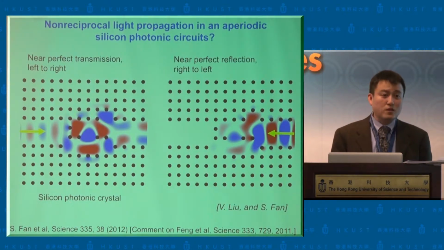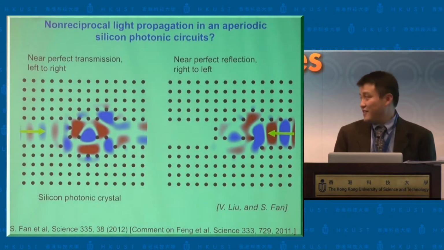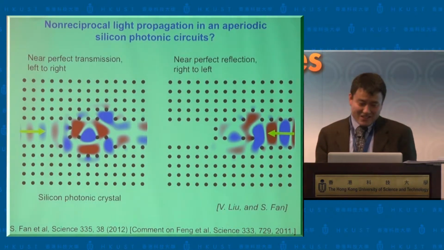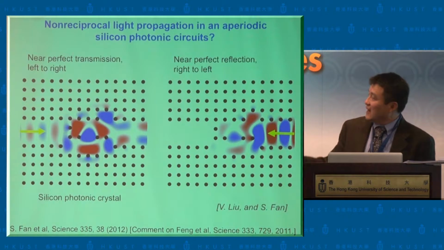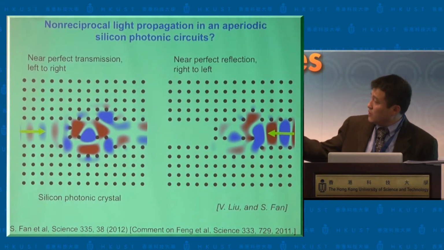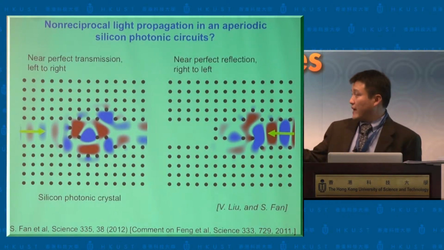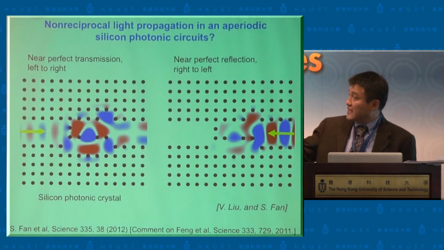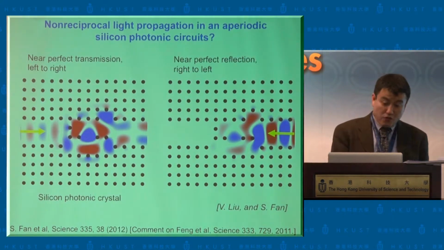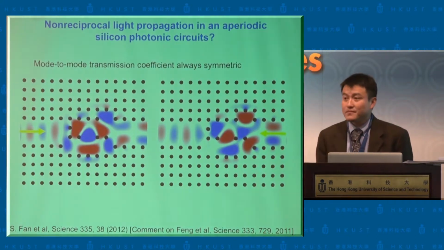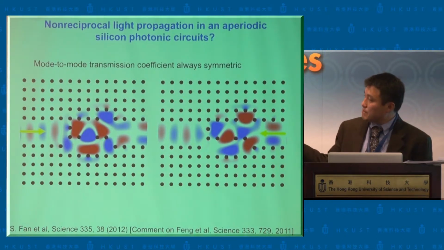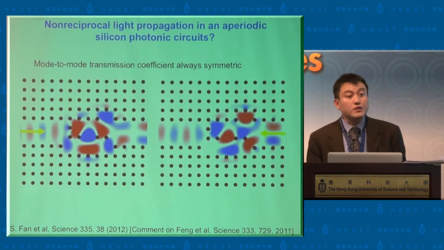The simple point to realize is that the outgoing mode here is an odd mode. To test non-reciprocity, you cannot send this mode back; you would need to send this odd mode back in. If you do that, of course, there's no magic. You send the odd mode back, and you have high transmission in the backward direction.